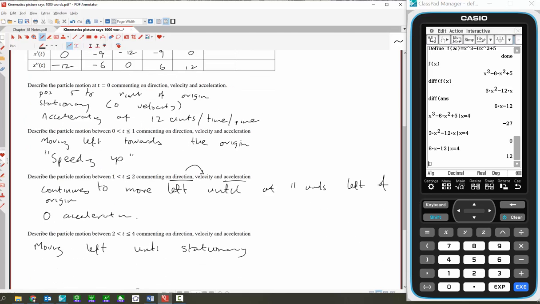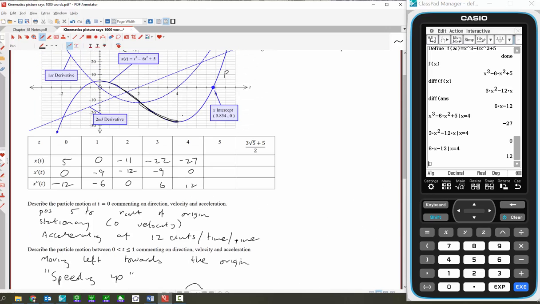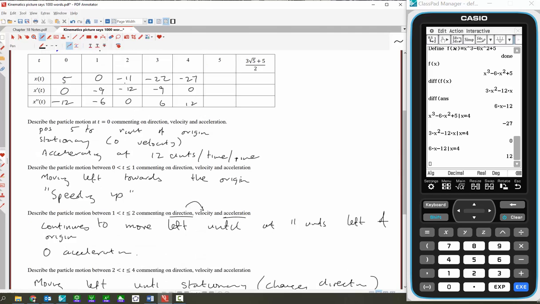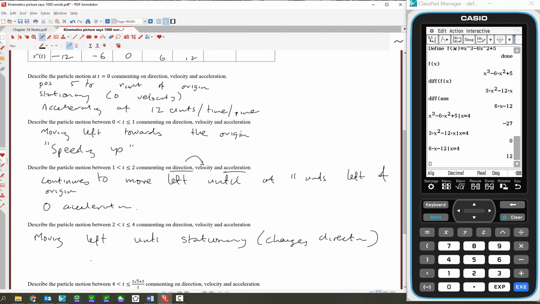In this case we can see that the particle changes direction. It continues to move left, and is stationary. In terms of its acceleration, the particle is slowing down.